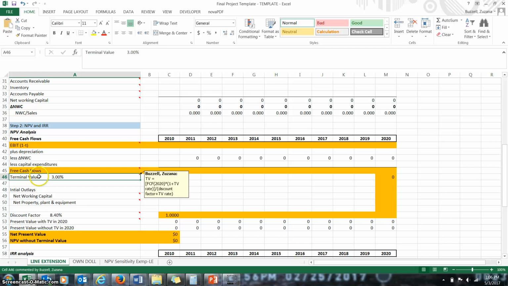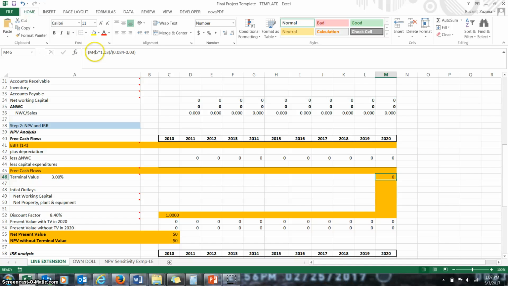Terminal value at 3%. This is a free cash flow in 2020 that will grow. We assume it will grow in perpetuity, so it's going to grow at 3% at the end of year 2020 for this project. I gave you a nice formula, but this is where you're going to go. In year 2020, this will be your free cash flow for that year.